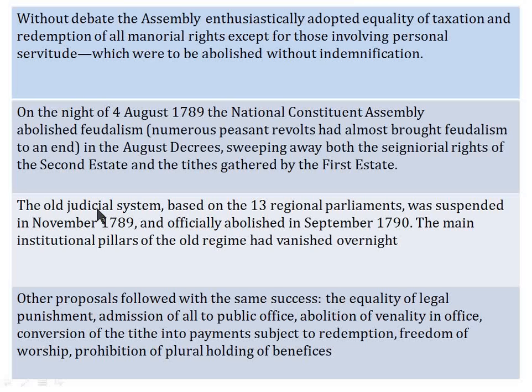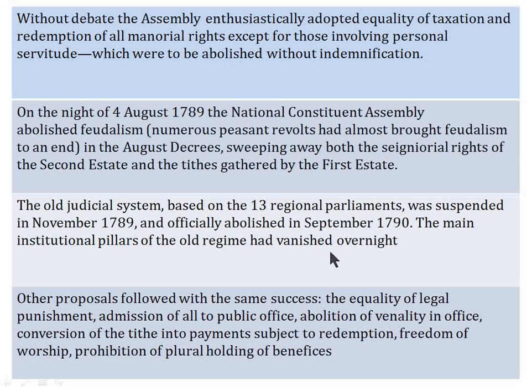The old judicial system based on the 13 regional parliaments was suspended in November 1789. So we got a timeline: 1789 August, 1789 November, okay, and officially abolished in September. Okay, the main institutional pillars of the old regime had vanished overnight.